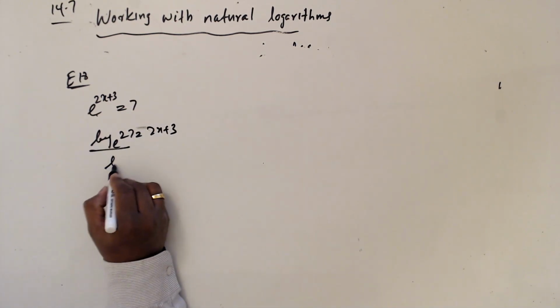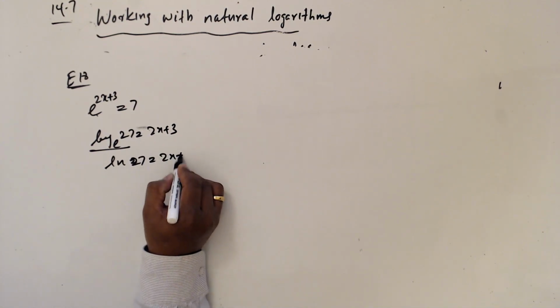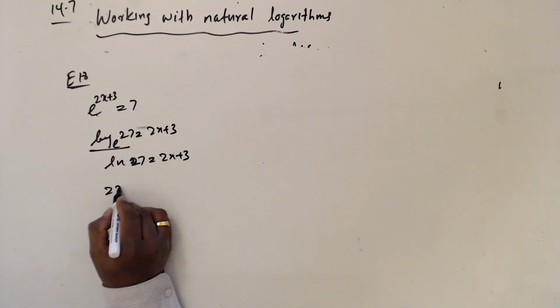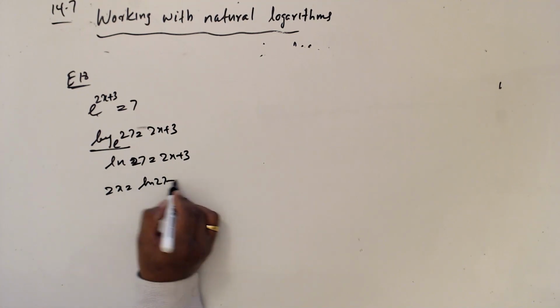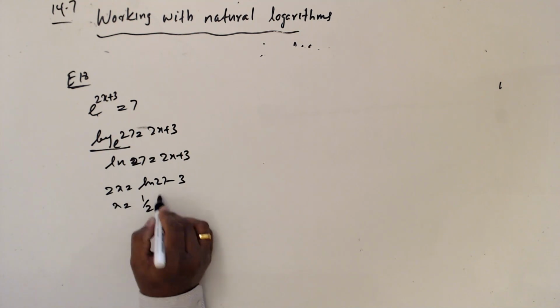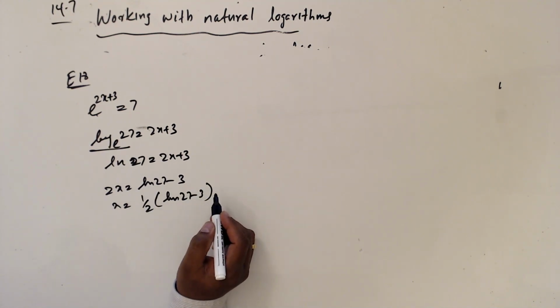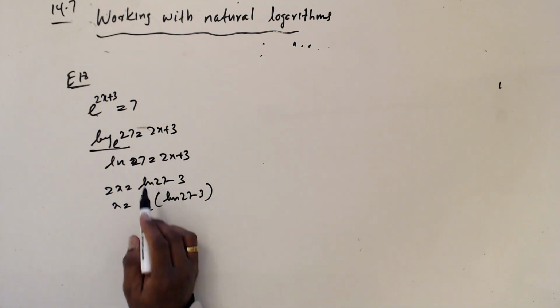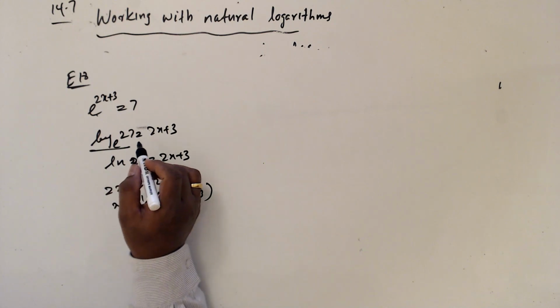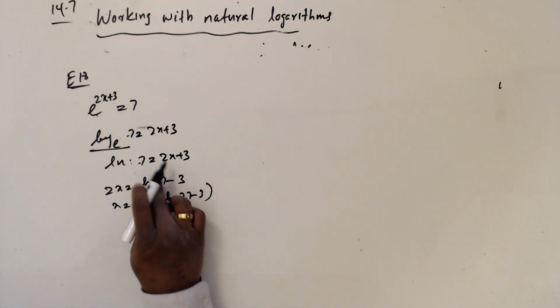This is simply ln 7 equals 2x plus 3. So 2x equals ln 7 minus 3. So x equals a half times ln 7 minus 3. Not 27, this is 7.